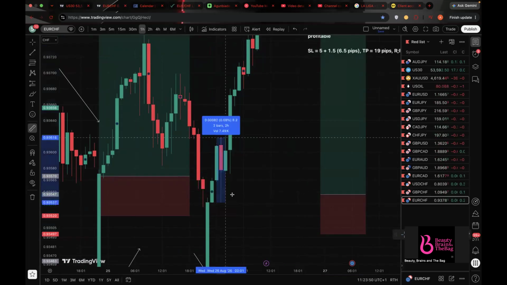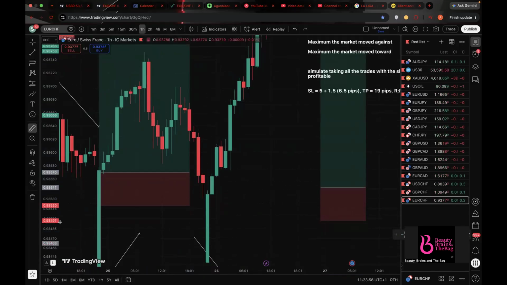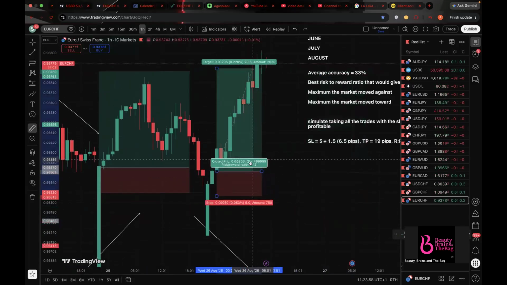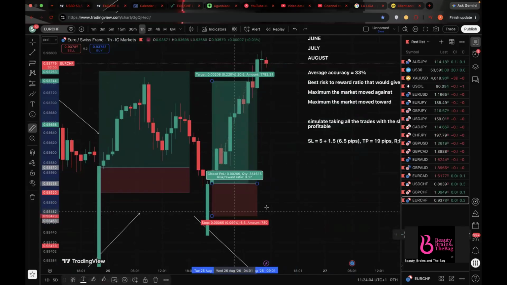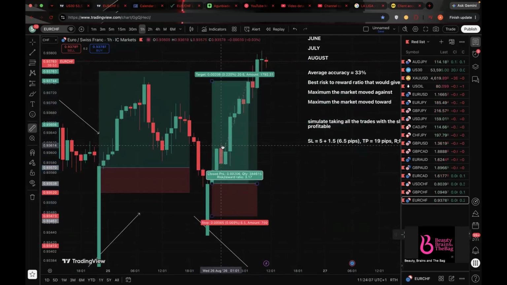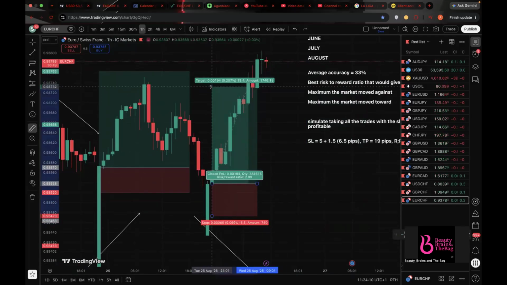So even if I had used a 2 pip stop loss on this particular trade, I would have won the trade. Because of adding my spread to this thing, it takes this into like 6.5 pips. Risk to reward ratio of approximately 2.9.